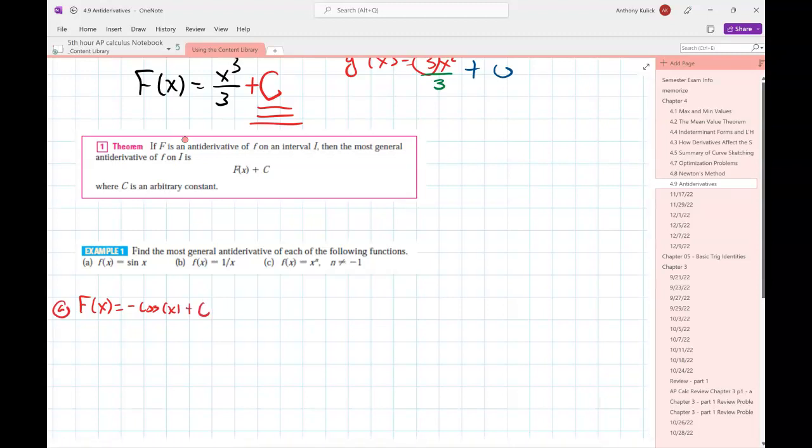Plus c. Okay. What function's derivative is 1 over x? The natural log. So in this case, the antiderivative of f should be the natural log of x plus c. Everybody's good with that?